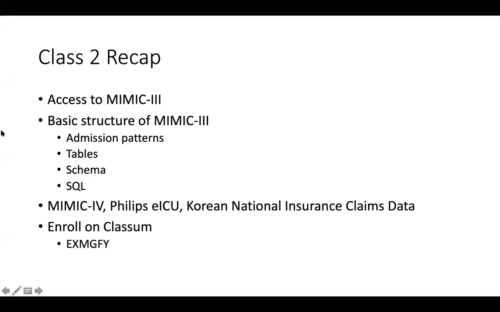Additionally, we briefly took a look at MIMIC-4, the new version, the Philips eICU, and the Korean National Insurance Claims data, 한국 심평원 청구 data. I hope that everybody is at least kind of familiar with MIMIC-3.